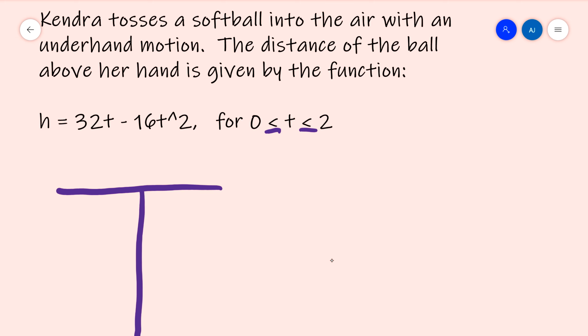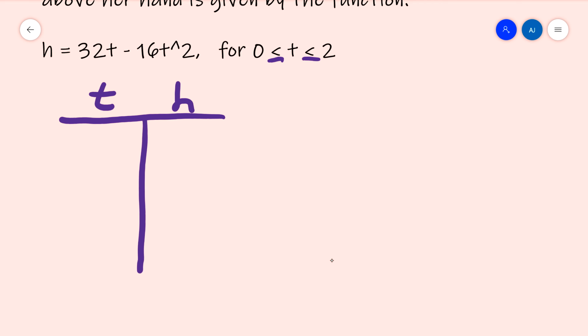Here's a table, and this would be t, and this would be h. T is for time, and they want it in quarter-second intervals between 0 seconds and 2 seconds. So let's see. When t equals 0, what is h going to be? When t equals 1/4, what will h be?